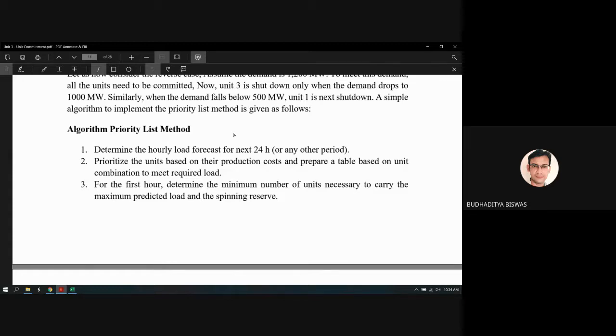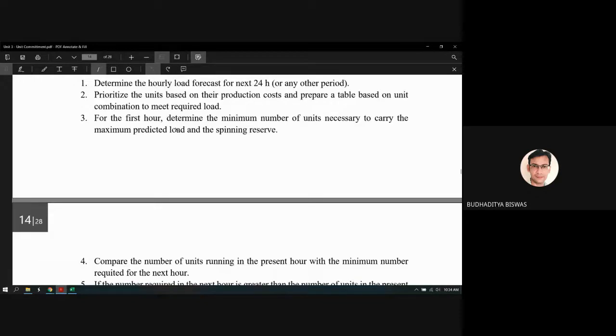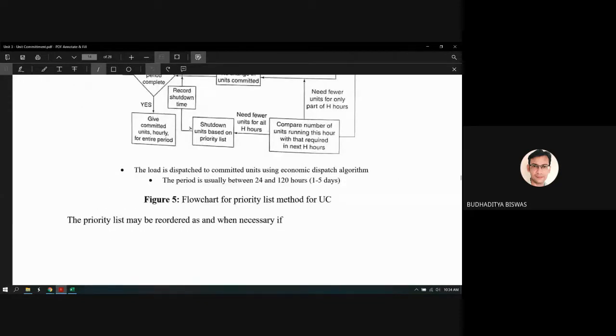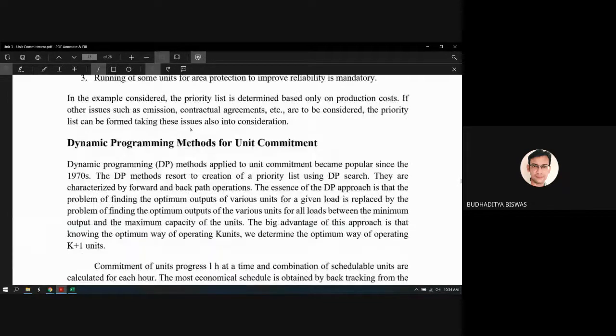So this is the priority list method, but this solution never gives us the optimum economy because we are using it based on the average production cost. Now, a more practical solution is called the dynamic programming method.